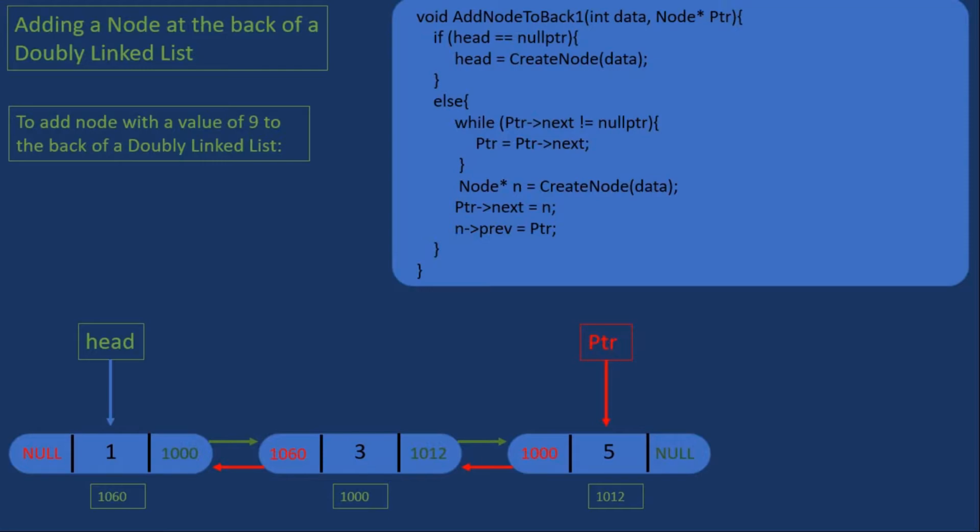And this node's next pointer is null, so we exit the while loop. And the pointer ptr is still pointing to the node 5. And so we set its next pointer to point to the newly created node. And then we set the previous pointer of the newly created node to point at the node the pointer ptr is pointing at. And it's that simple.